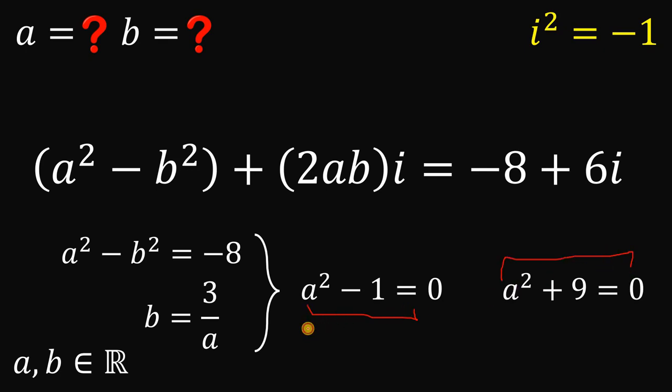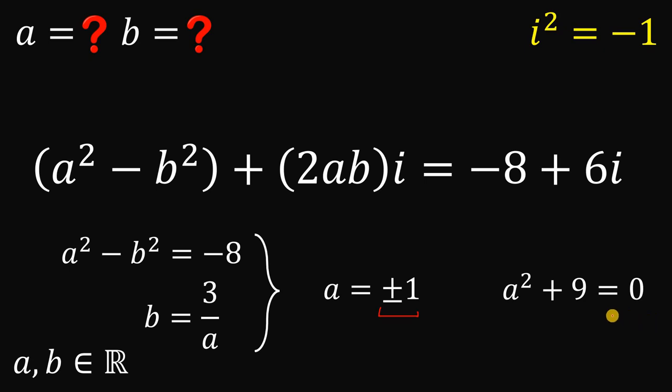Now, let's focus on the first equation, a squared minus 1 equals 0. Let's add 1 on both sides. And now, let's take the square root on both sides. Since the exponent is even, we have two possible values here: positive or negative 1. So the value of a can be positive or negative 1.